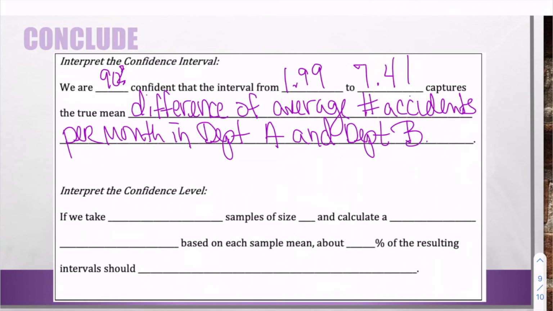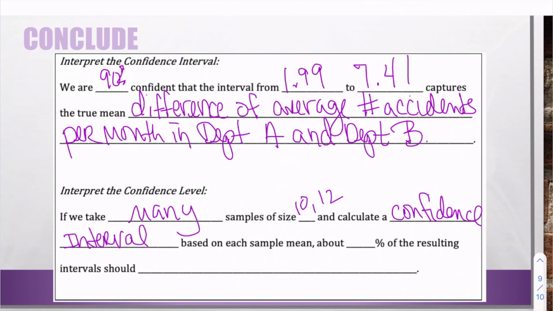And if we interpret the confidence level, that means if we take many, many samples of size 10 and 12 and calculate a confidence interval based on each sample mean, about 90% of the resulting intervals should capture the true mean difference, or the true difference of means, sorry.